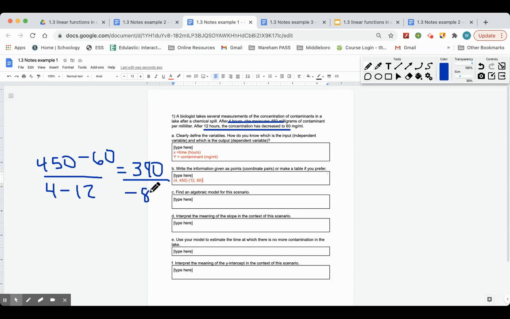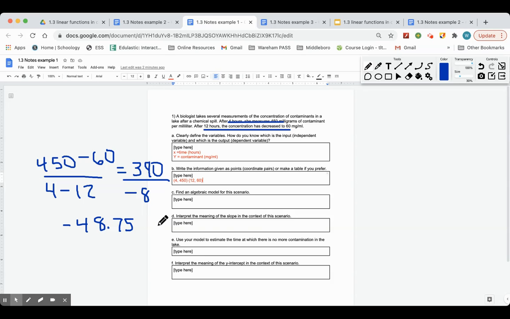And when I divide 390 by 8, I get 48.75. And it's negative. So this is decreasing about 48 and 75 hundredths milligrams per milliliter every hour. That's what that means.